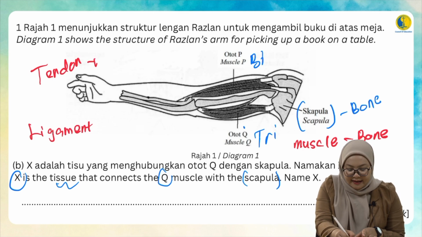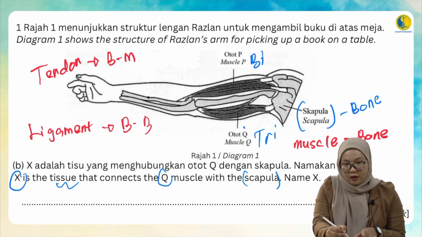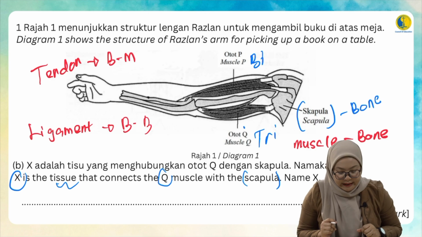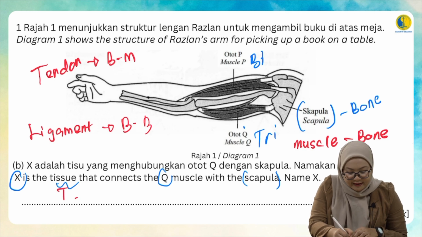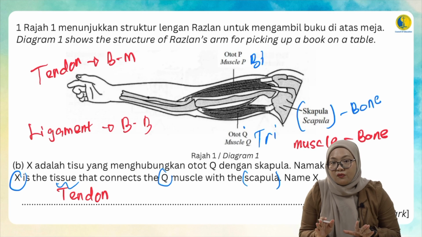Tendon is the attachment between bone and muscle. Ligament is the attachment between bone and bone. Two bones attached together is called a ligament. So is this tendon or ligament? Muscle and bone, definitely a tendon. See, this is the theory type of question.